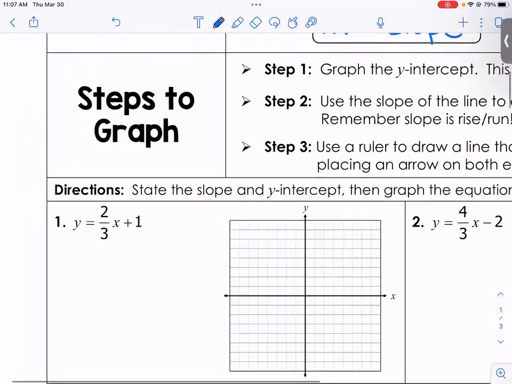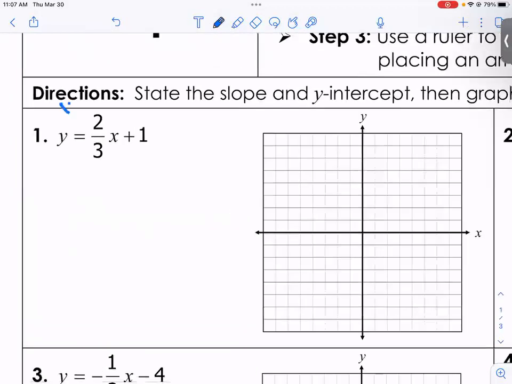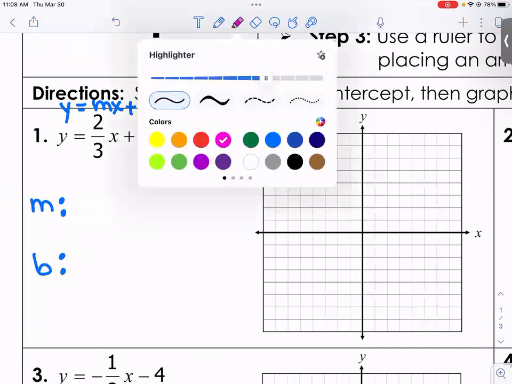Let's go to number 1. Okay, and I'm going to write y equals mx plus b. We need to identify m and b. All right. So which one is m?